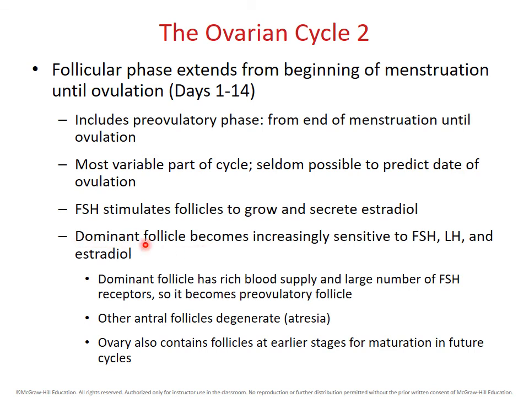And as it develops, the levels of estrogen that it produces gradually increase. So when it's a tertiary follicle, it starts at fairly low levels, and then as we approach day 14 of the cycle, the estrogen is continually increasing as we go through this follicular phase.